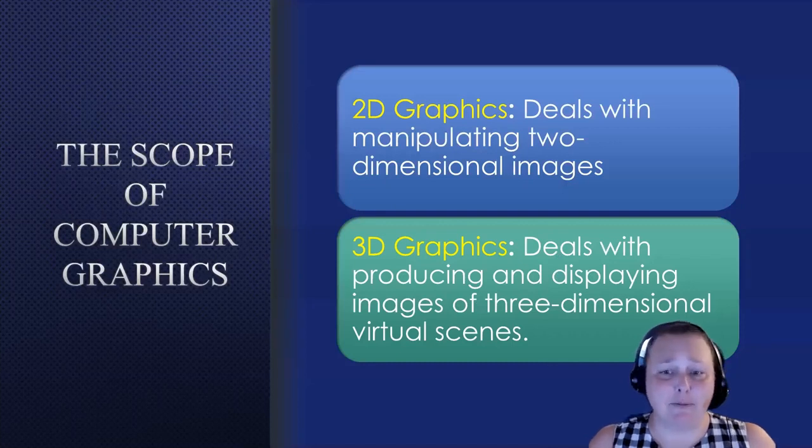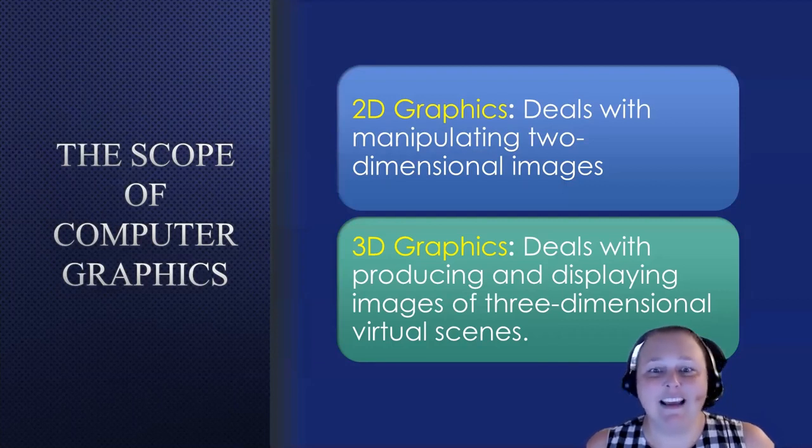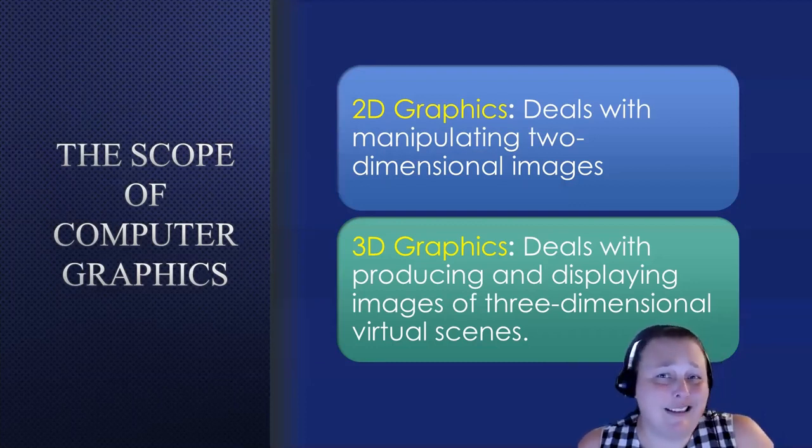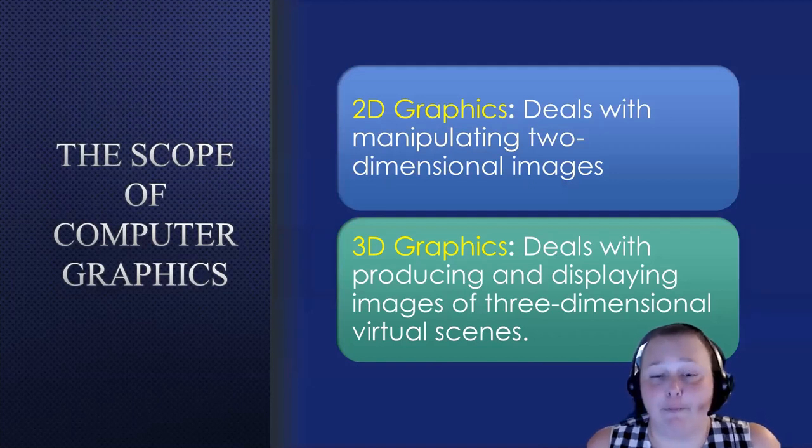When we talk about computer graphics, there are 2 different ways that we can talk about graphics. We can talk about it in 2D or 3D. 2-dimensional graphics, or 2D graphics, is going to be more of a flat image and what we are more used to seeing in, say, a photograph.